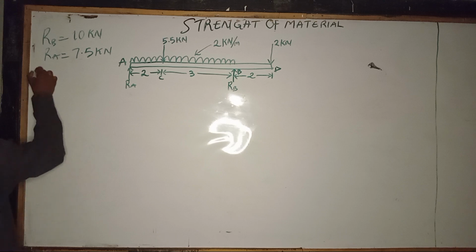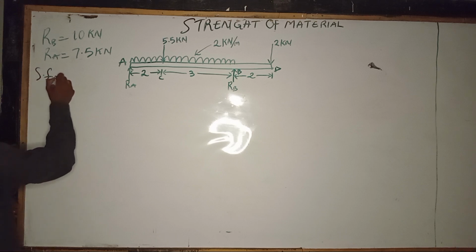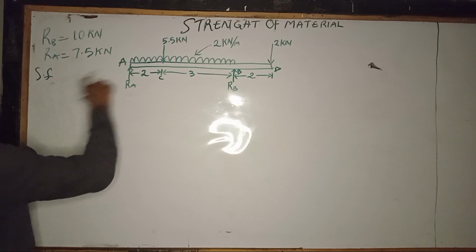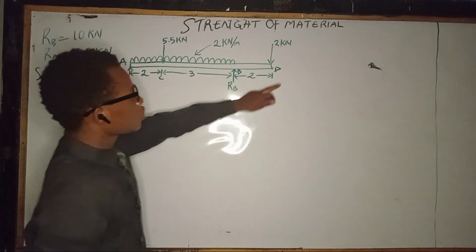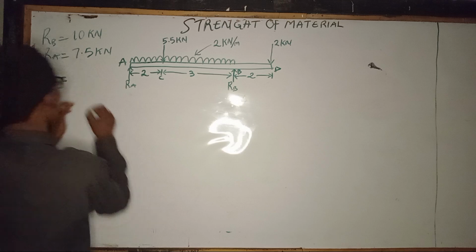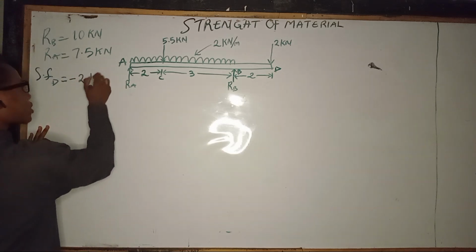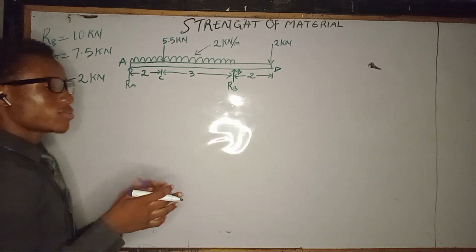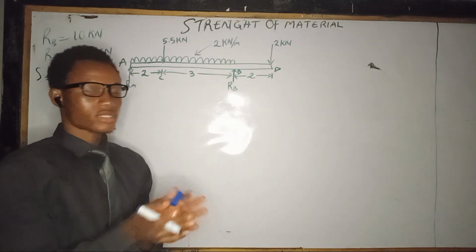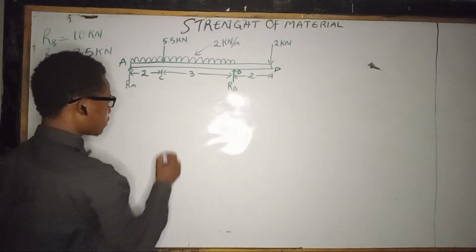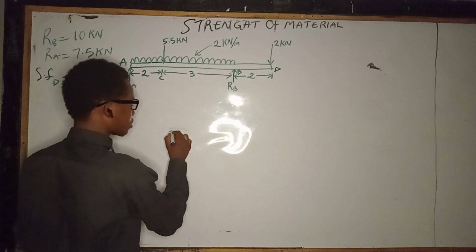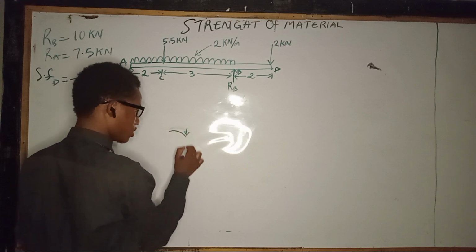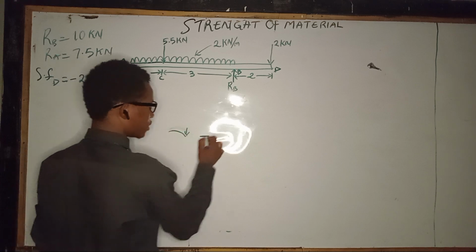Now, our shearing force at D, that is the last point there, would be equal to only this. It will be equal to minus 2 kilonewton. Now remember your bending sign convention.